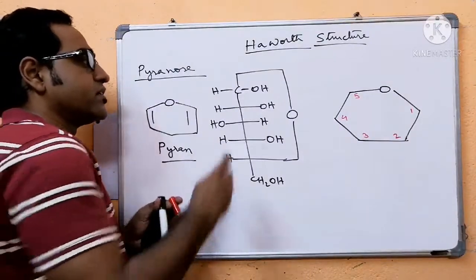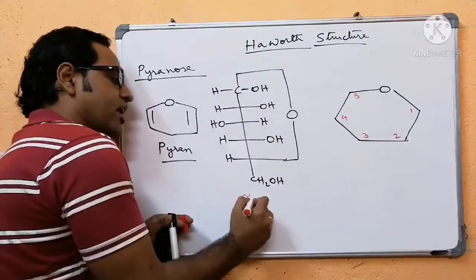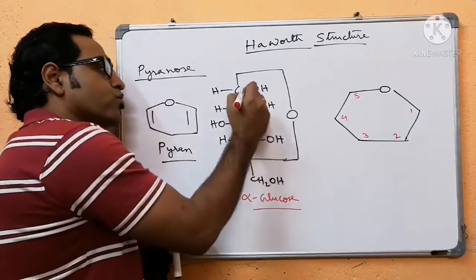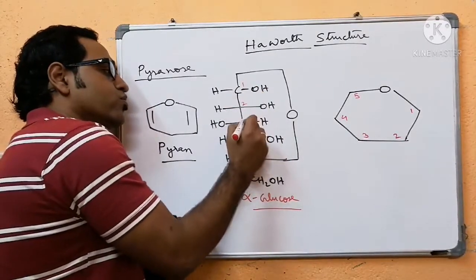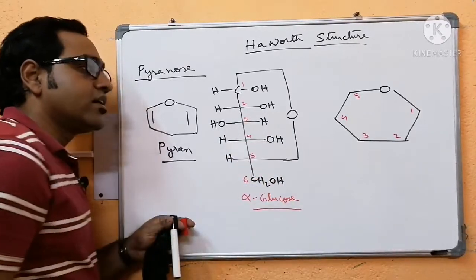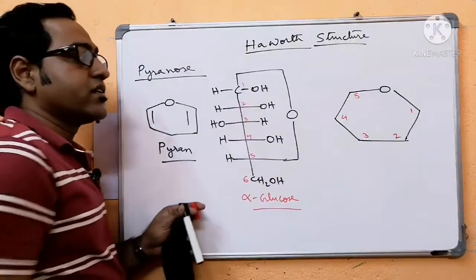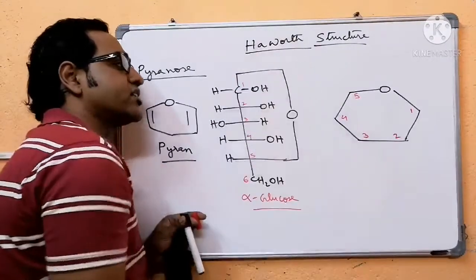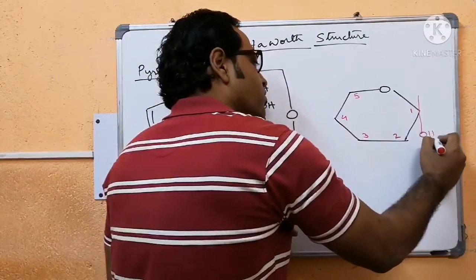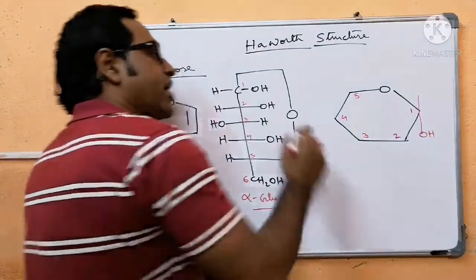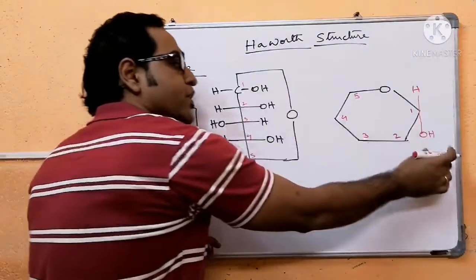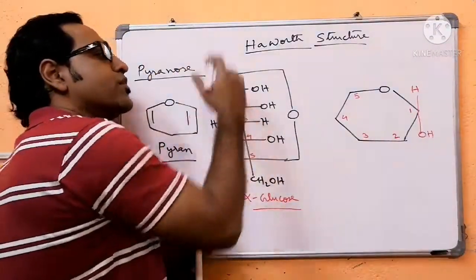So number it. This is alpha glucose or alpha D glucose. 1, 2, 3, 4, 5, 6. Now on the first carbon, the OH is on the right hand side. So you will put the OH below and the H above. The right group will be below and the left group will be above.